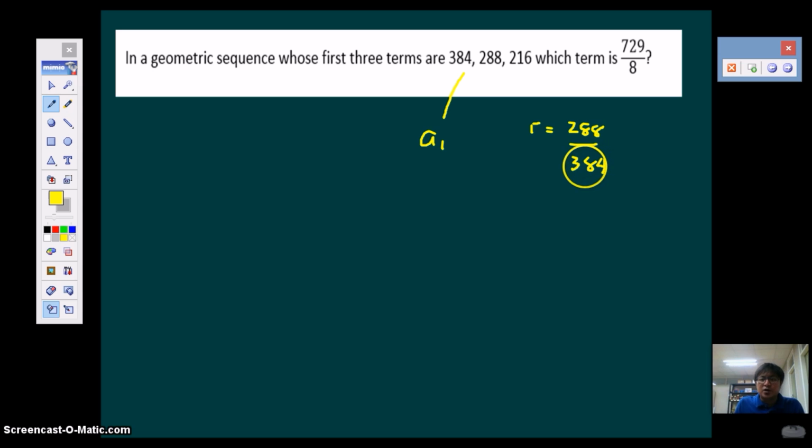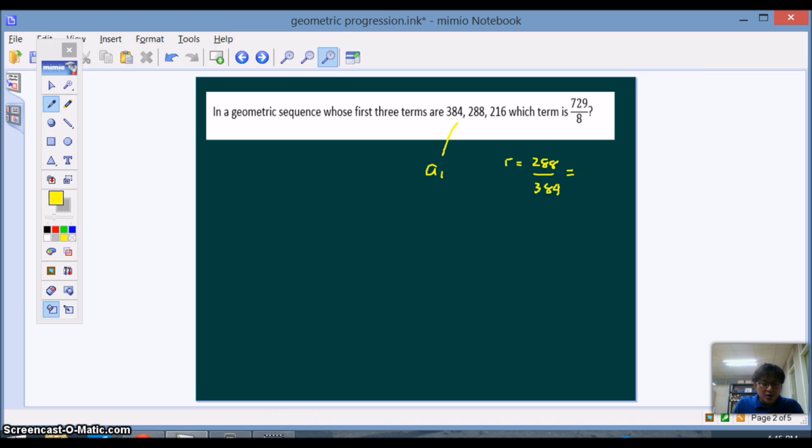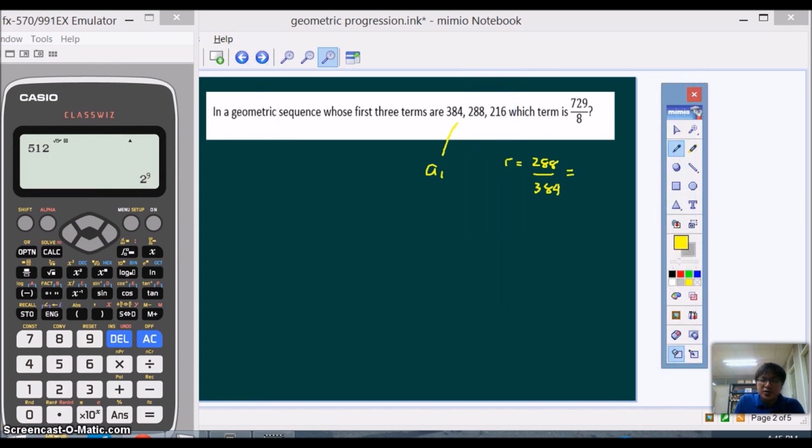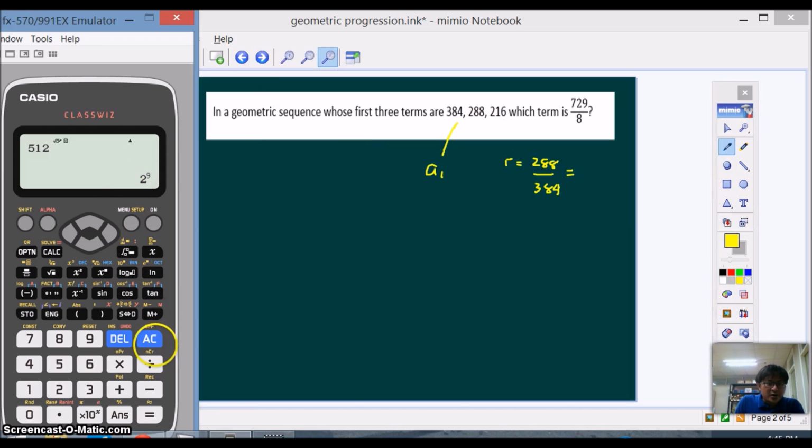Now, when you're dealing with large numbers, it's very convenient if you will express your large numbers in prime factored form. I'll just use this Casio ClassWiz calculator emulator.